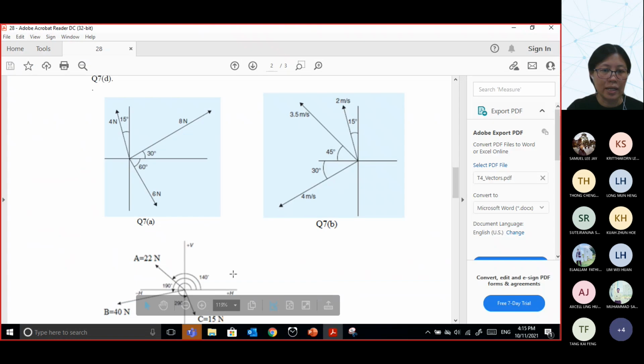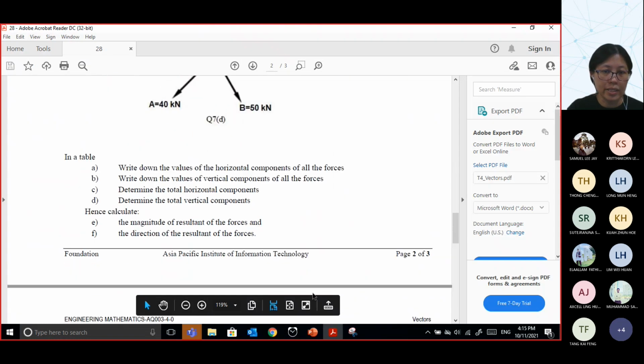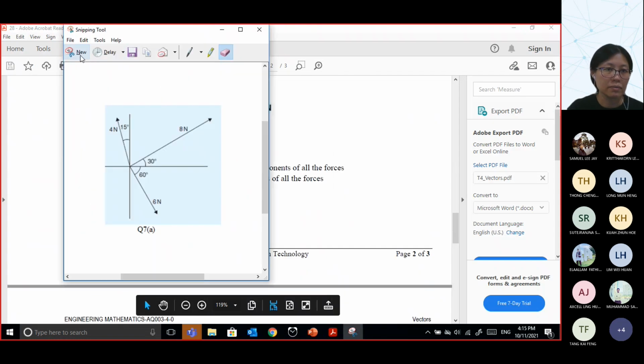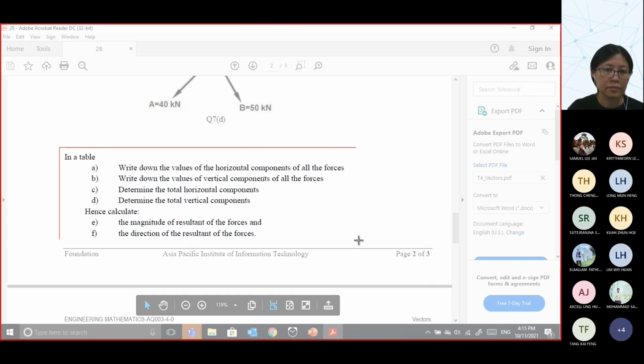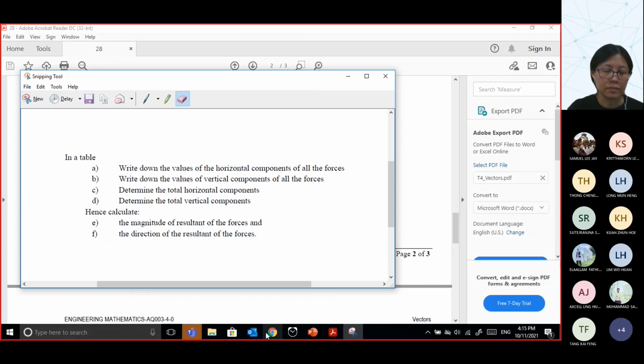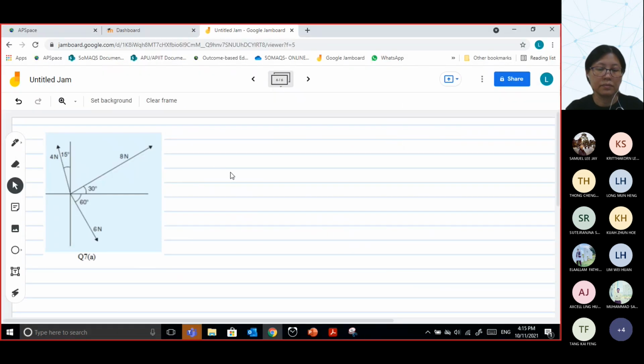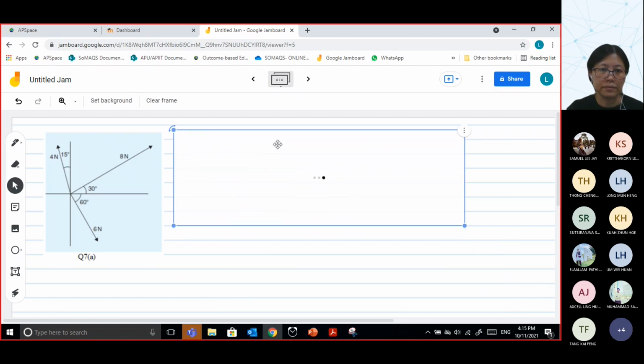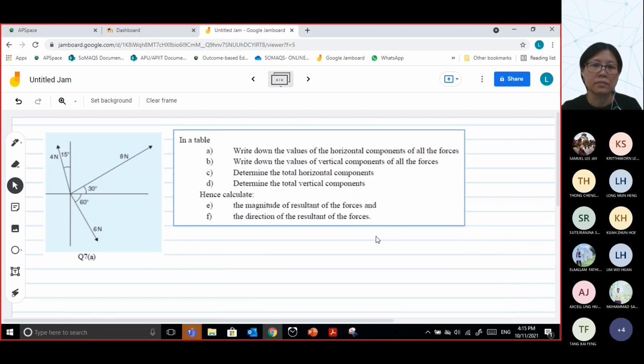And let's see what are the requirements of the question. The requirement is in the table.